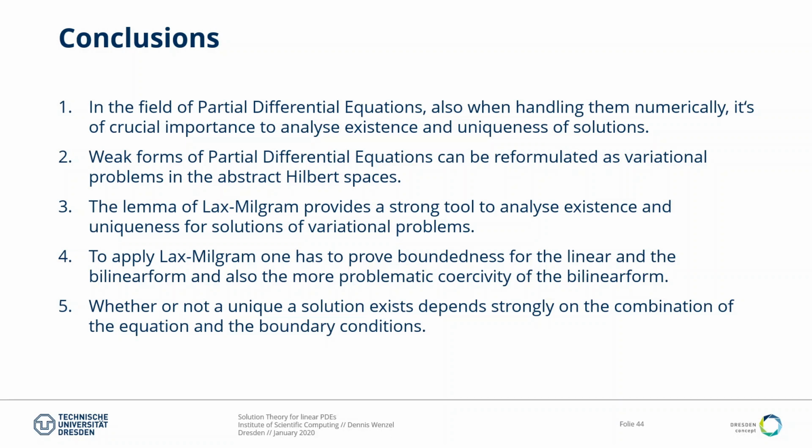You have to just look at them correctly. The Lax-Milgram Lemma provides a tool for analyzing existence and uniqueness for solutions of variational problems. In order to apply it, you have to prove boundedness for the linear and the bilinear form and the coercivity for the bilinear form, which is the more problematic part. And yeah, whether or not you have a solution depends on the combination of the PDE and the boundary condition.